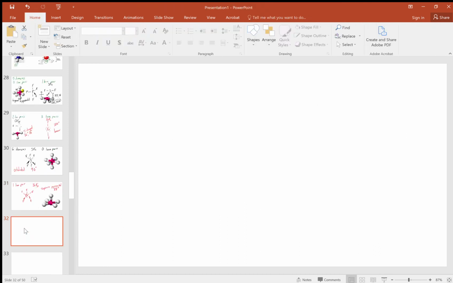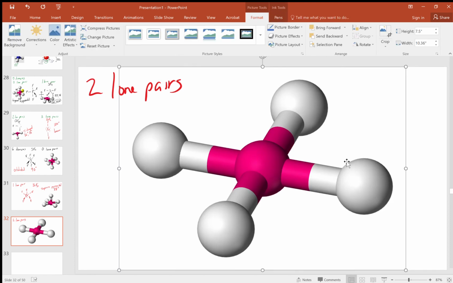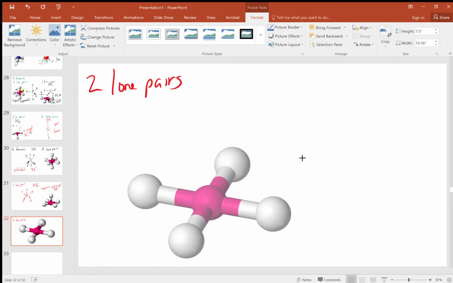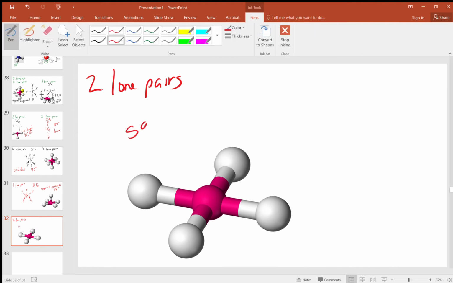And finally, 2 lone pairs. We can see here is known as square planar.